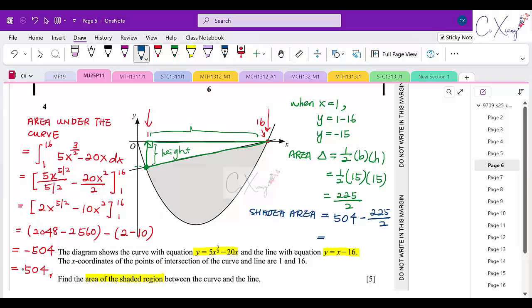And eventually, the value that you should get is 783 over 2, or 391.5. Oh, sorry, 391. If you try to simplify that into the decimal number, this is the value that you should have.